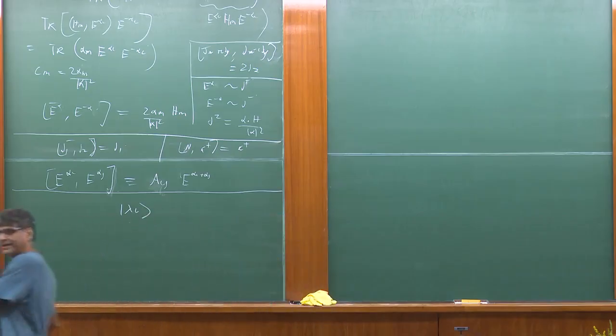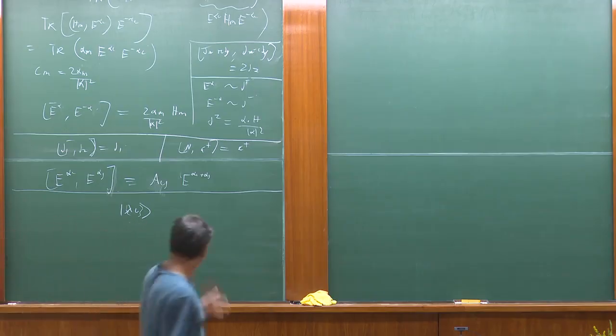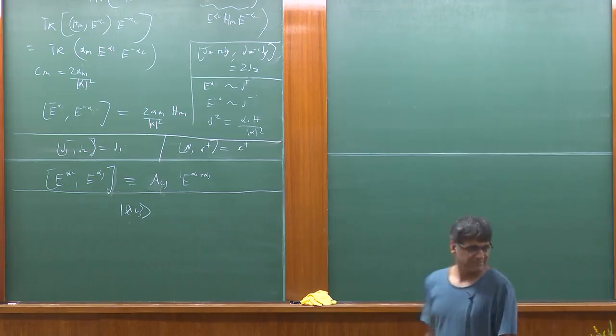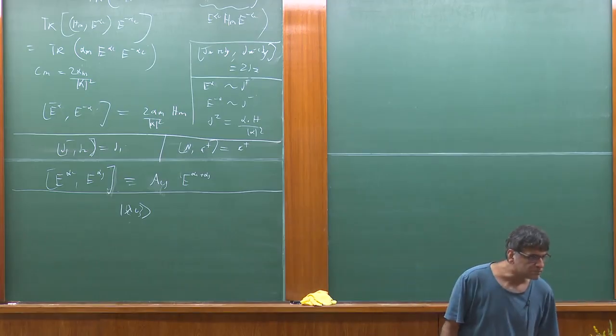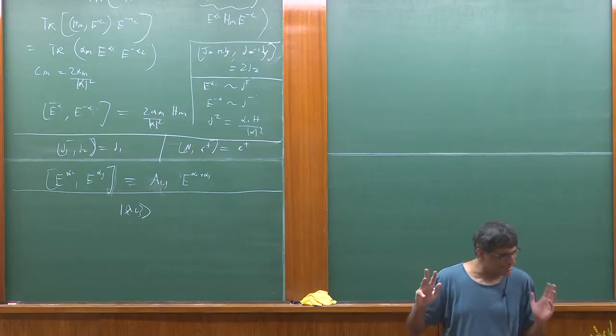Let a vector that has eigenvalues lambda 1 under h1, lambda 2 under h2, lambda n under hn, be called lambda. Clear enough? So in particular, these are basically this hypercharge and isospin. This is SU3? Yes.